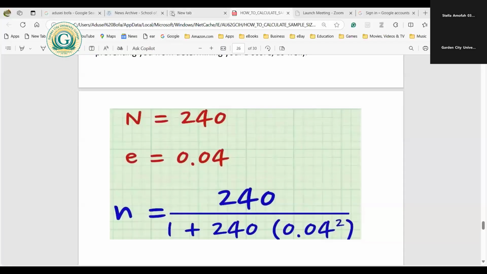So saying you have to know your population size.